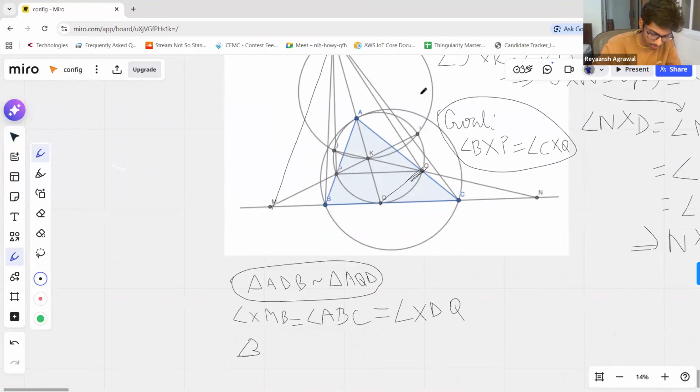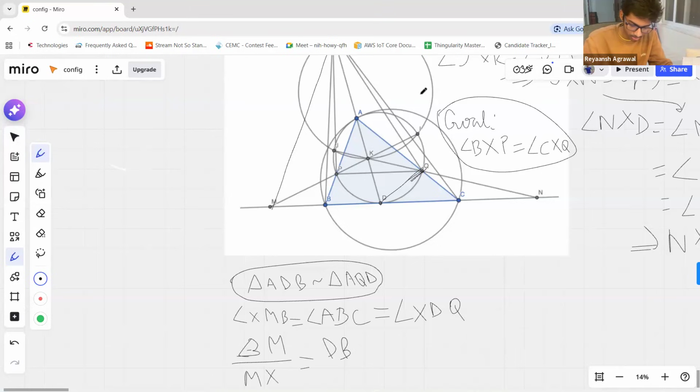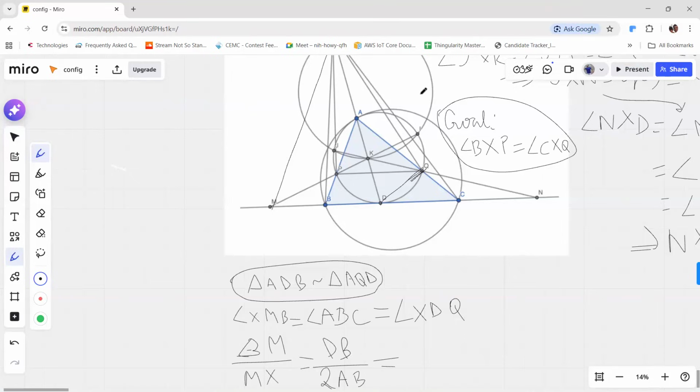BM over MX is equal to DB over 2AB, which is equal to DQ over 2AD, because DB by AB is equal to QD over DA.